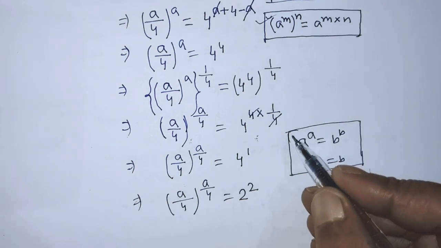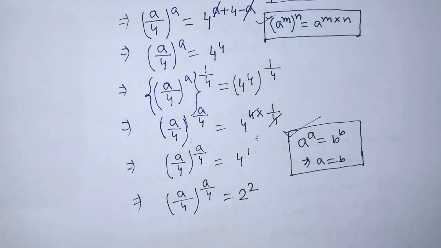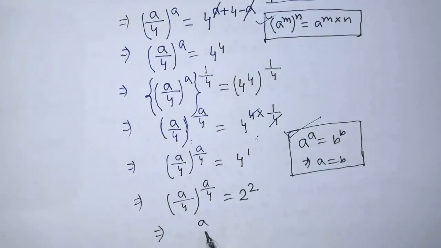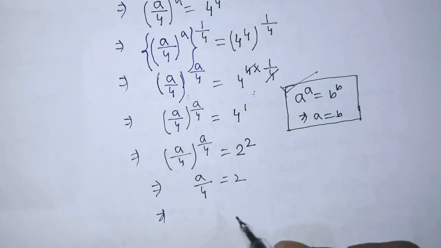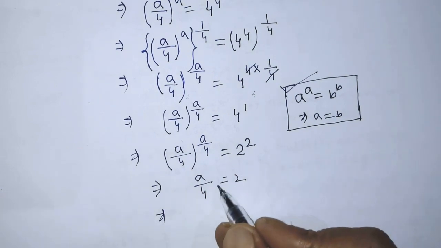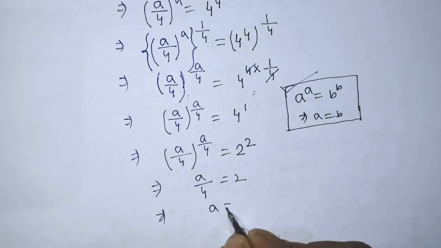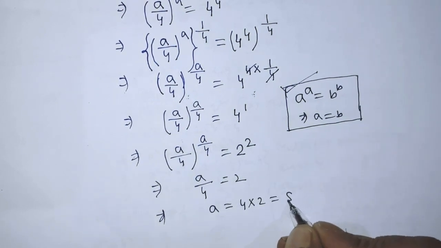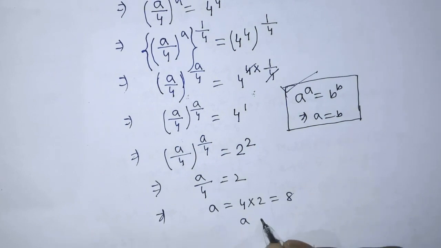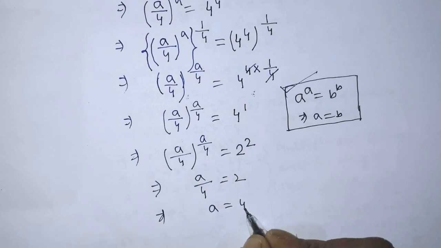So according to this formula, we can write from this equation a over 4 is equal to 2. According to the cross multiplication rule, we can write a is equal to 4 times 2, that is 8. So students, the value of a will be 8. So students, our answer is complete.